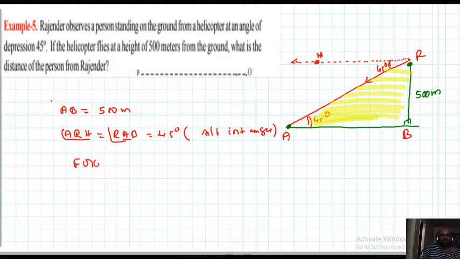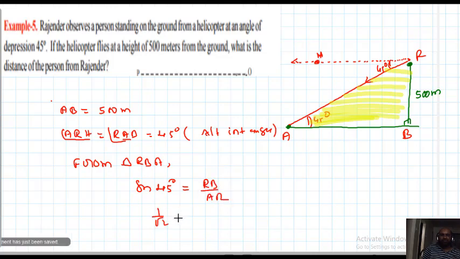From triangle RBA, sine 45 degrees is opposite side RB over hypotenuse AR. 1 by root 2 equals RB over AR. RB is given as 500, so 1 by root 2 equals 500 by AR. Therefore, AR equals 500 root 2 meters.